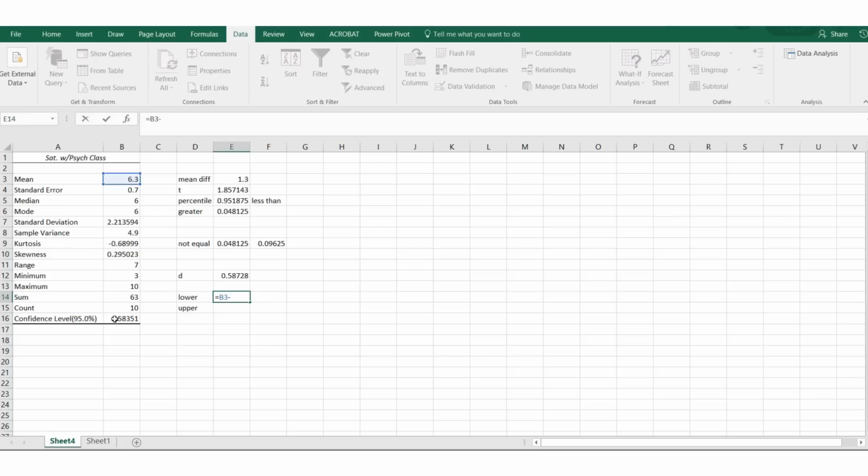So this is the margin of error here. Mine is 1.58. That's the margin of error. So it doesn't give you the lower and upper bound, but it gives you the margin of error. So you press enter. And then you go equals 6.3 plus this to get the upper bound. So there's our confidence interval.